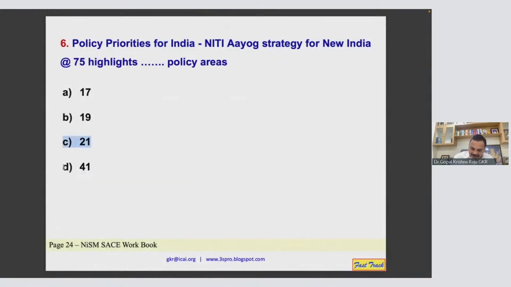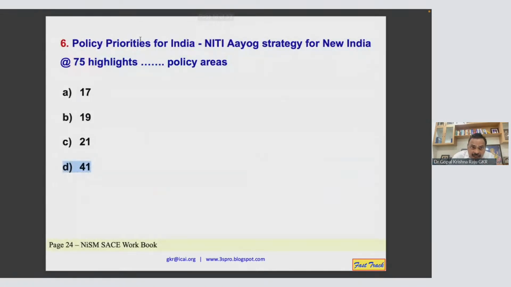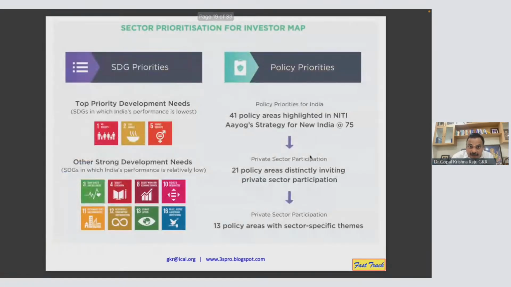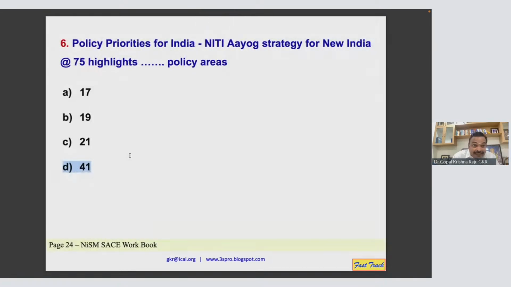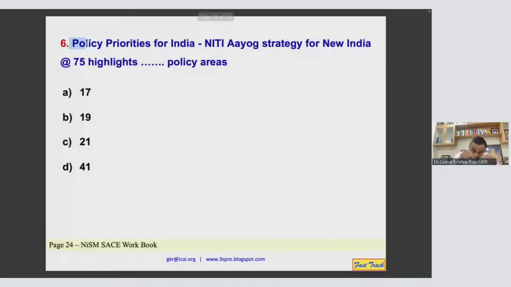So 6D is the policy area highlighted in the Niti Aayog strategy. These are policy priorities for India. But private sector participation means 21. So please be careful. 17 is SDG. 21 is private sector participation. 41 is policy priorities for India in the Niti Aayog strategy for implementing the 17 SDGs in India. So please understand this distinction.